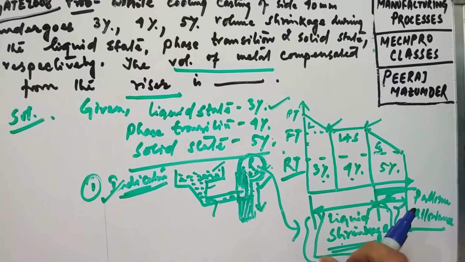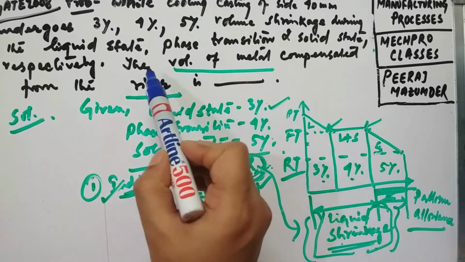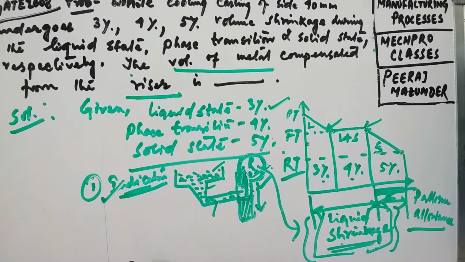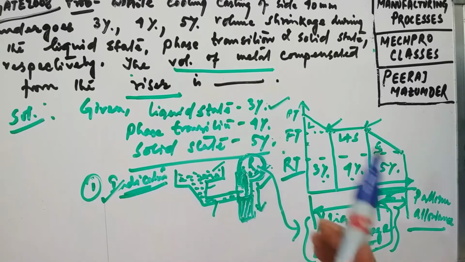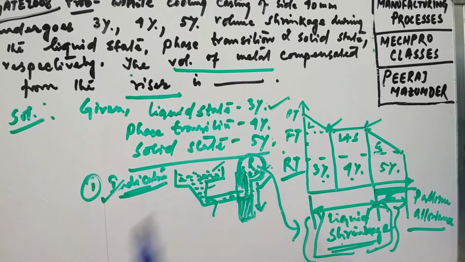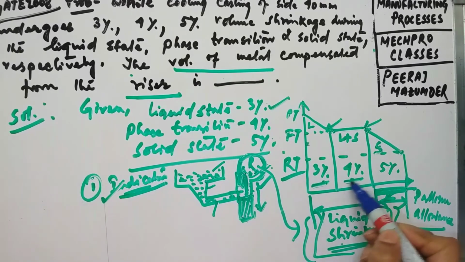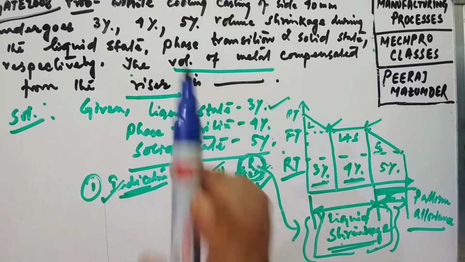Now what it says, the volume of metal compensated from the riser is given as a percentage. You can see from here 3% and 4% is being compensated by the riser only.